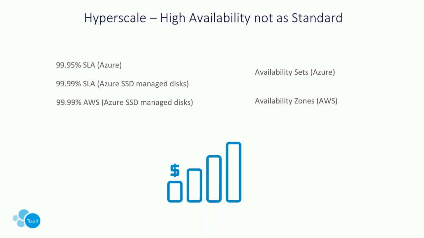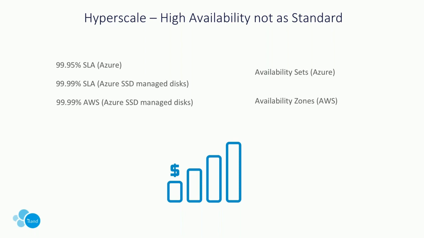You may have come across the concept of availability sets with Azure and availability zones with AWS. But this is essentially how you build in resiliency across the environment. So you can see that Azure as standard gives a 99.95% uptime SLA, while they actually provide a 99.99% uptime SLA if you were to go for their SSD managed disks.